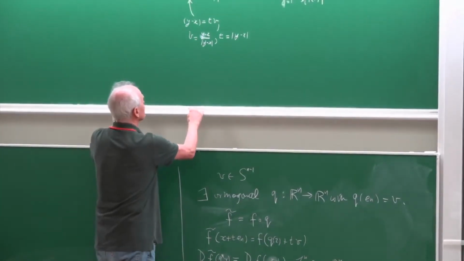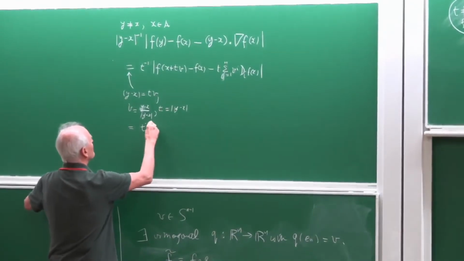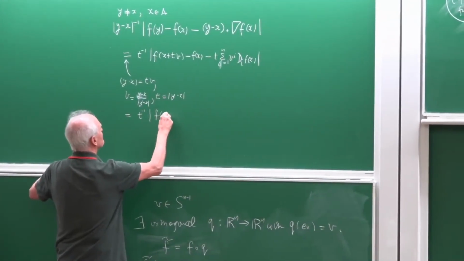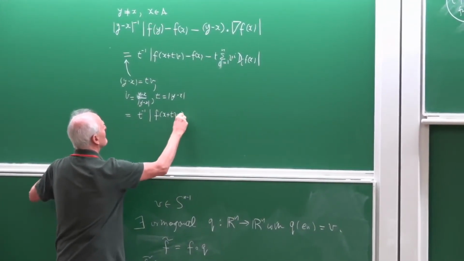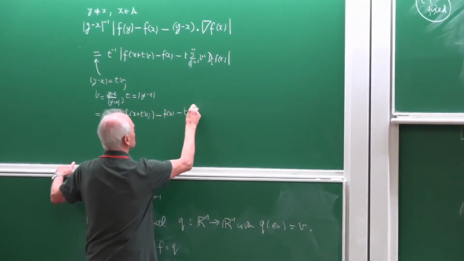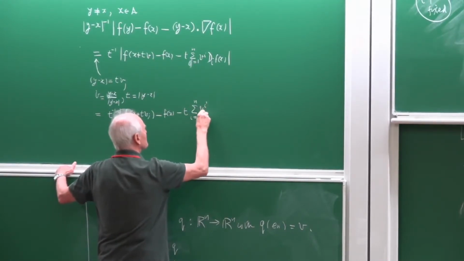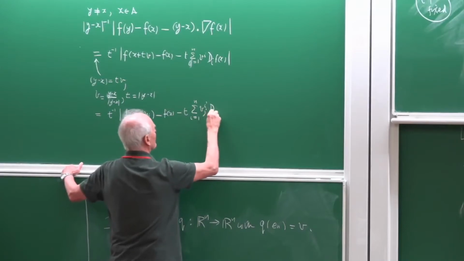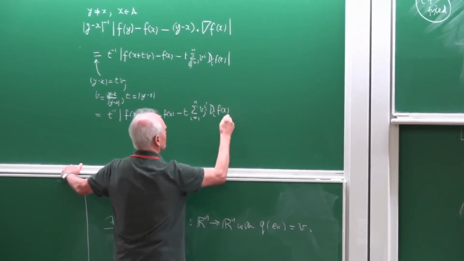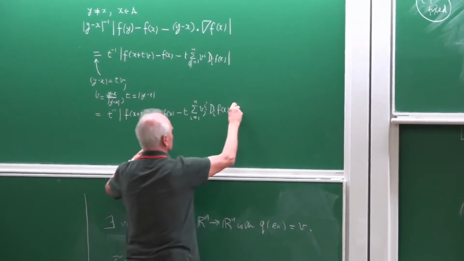So we can rewrite this as t to the minus 1 times f(x plus tv_j) minus f(x) minus t times the sum i equals 1 up to n of v_{j,i} d_i f(x). But clearly that's an error. I've got to put in the difference terms to make this correct.